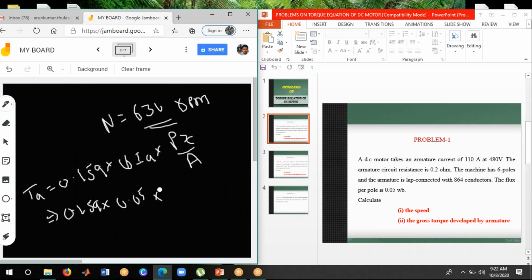Armature current is 110 into, here A and P get cancelled because both are the same, 6 cancels, right? And 864.